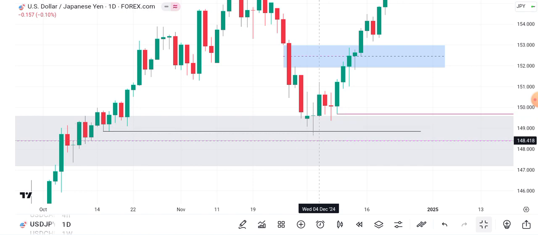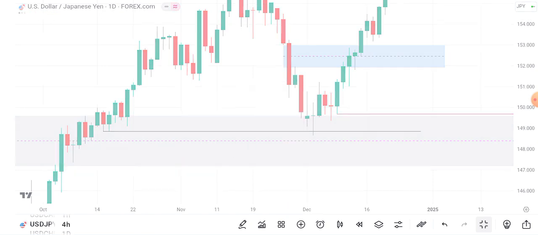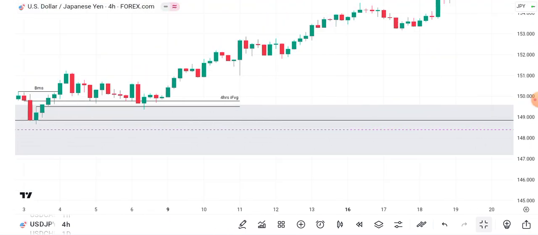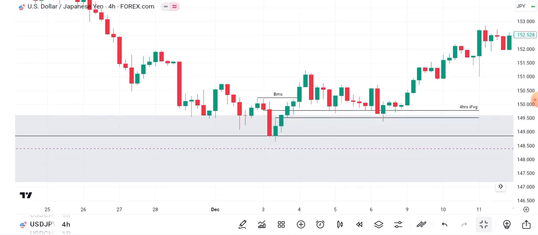So the low of the week was created at this area of relatively equal lows. These are areas of good liquidity. So price entered there, took out liquidity, and then started to travel higher. So going to the 4 hours time frame, what can we glean from the 4 hours that could have helped us to take this trade in a better way?